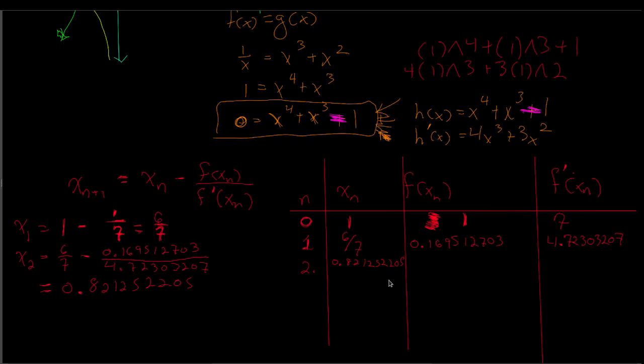Did I flip those around? That shouldn't be 0.1695. Is it 6/7 cubed? Oh, I forgot my -1. That's why. On the one I'm doing right now, I forgot my -1.